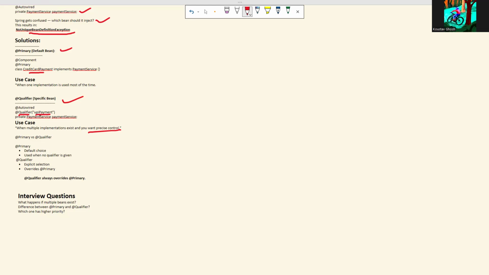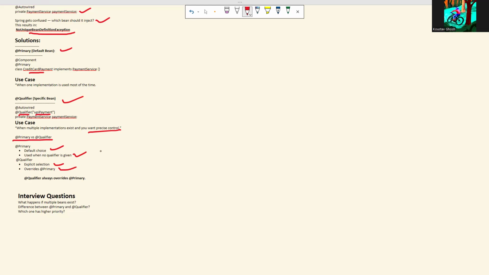That's why here, through the name, UPI payment got qualified as the bean to be injected. Now let's compare primary versus qualifier annotations. Primary is the default choice, but qualifier is the explicit selection. Primary is used when no qualifier is given, and qualifier is used to override the primary.